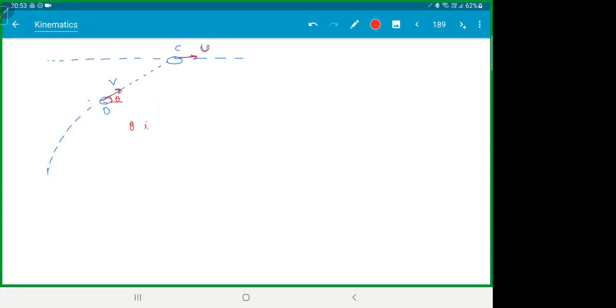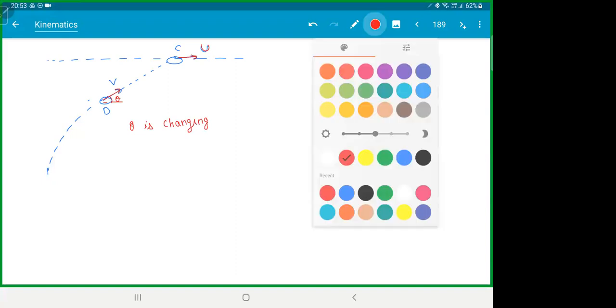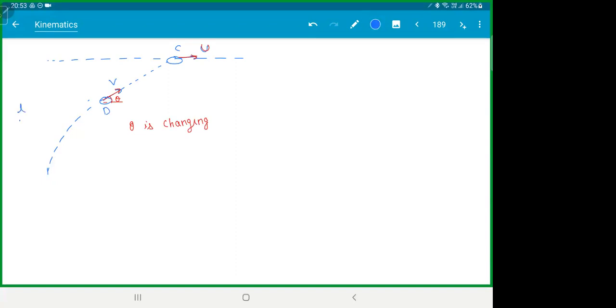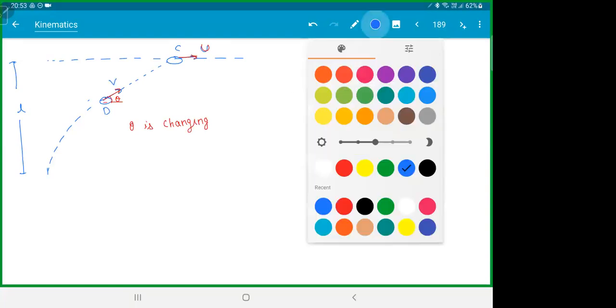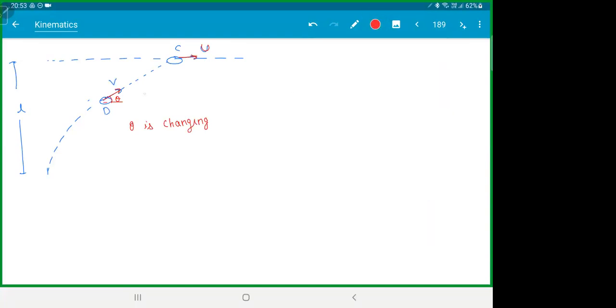As the dog goes towards the cat, theta is also changing. So finally, when both the cat and the dog meet, it's like this. This is the meeting point.